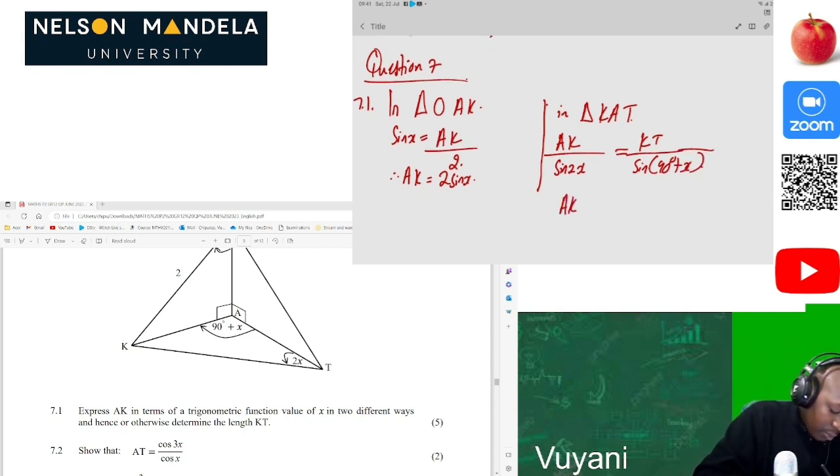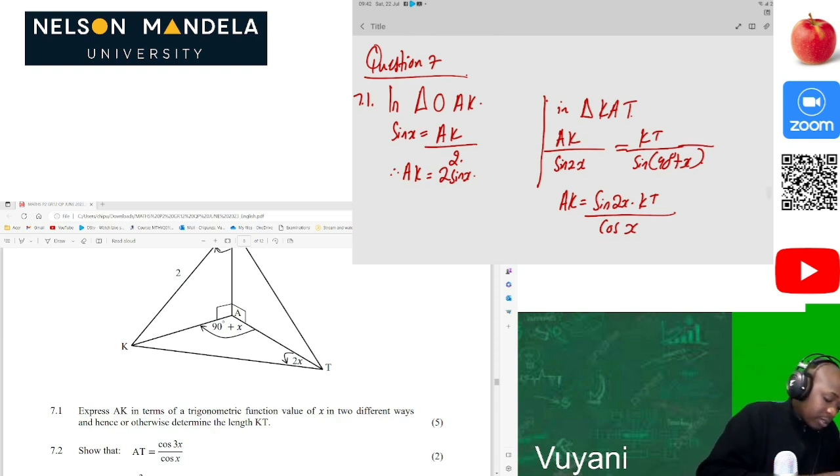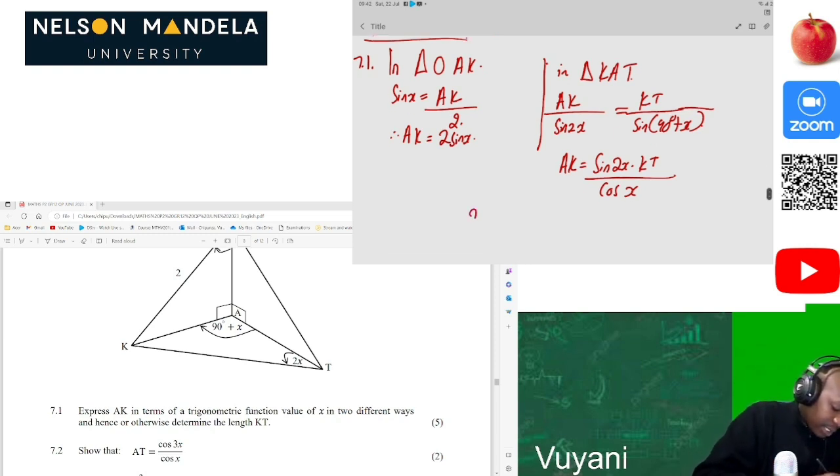So AK will be equal to sine 2x times KT divided by cos of x, because that's a co-function there. So then we can see that this is quite nice and this is quite easy because we now know what's going on. So this is 2x, so then we can say 2 sine x, AK, we have solved it here, is equal to sine of 2x times KT divided by cos of x.